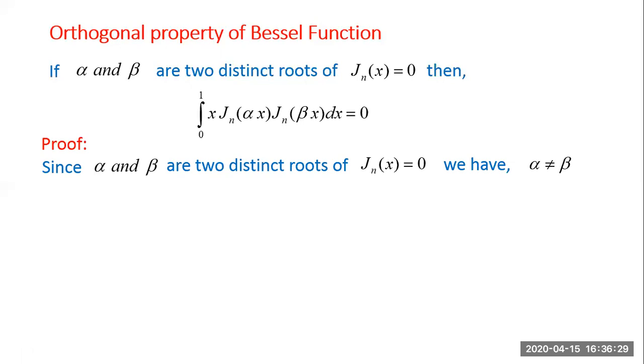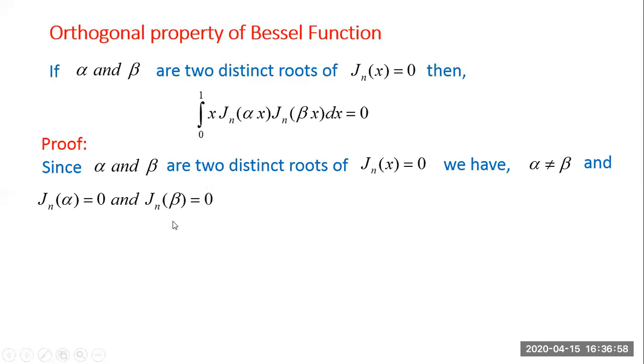Since they are the roots of Jn of x equal to 0, x is equal to alpha satisfies this equation. So we get Jn of alpha equal to 0. In the same manner, x is equal to beta satisfies this equation, Jn of x equal to 0. So we get Jn of beta equal to 0. So the given hypothesis is alpha is not equal to beta, and also Jn of alpha equal to 0 and Jn of beta is equal to 0.